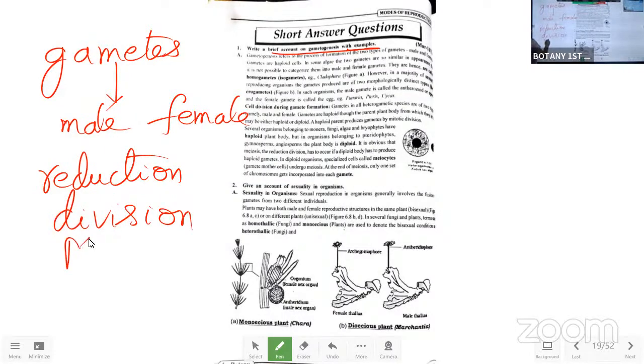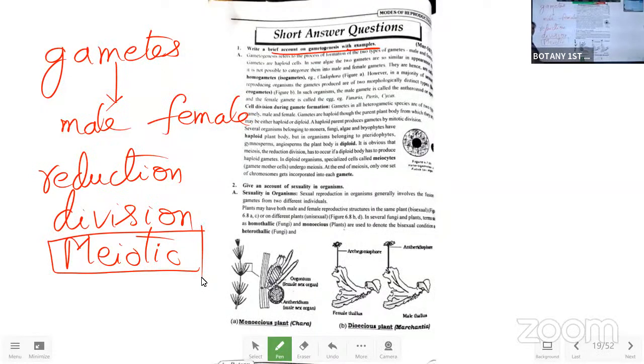That is nothing but the meiotic division. Reduction division means meiotic division occurs. So the diploid cell becomes haploid cell by the meiotic division. So how many? 4. Okay.